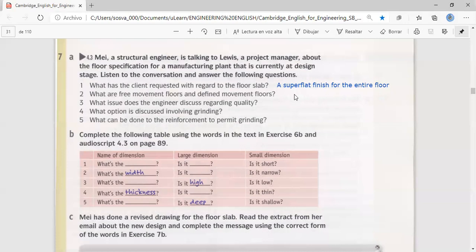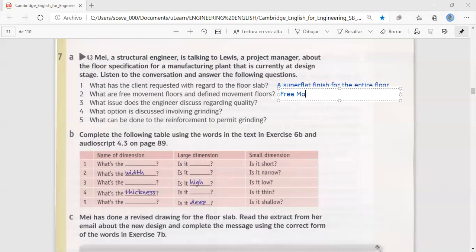So in this part, she mentioned the free movement floor and defined movement floors. Free movement is where the vehicles can run anywhere on it. Exactly, that's the free movement. And the defined movement floor means that the vehicle is not able to move everywhere, just in a defined lane. Okay, so that's the difference. We would mention the free movement. Let me write it.